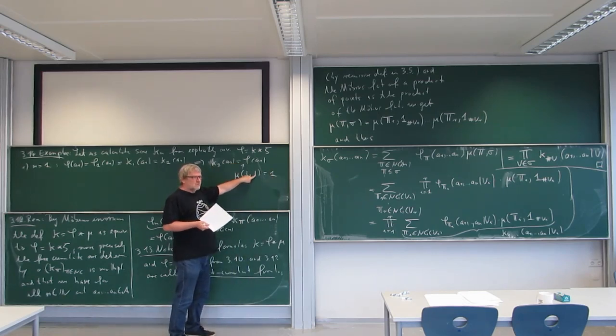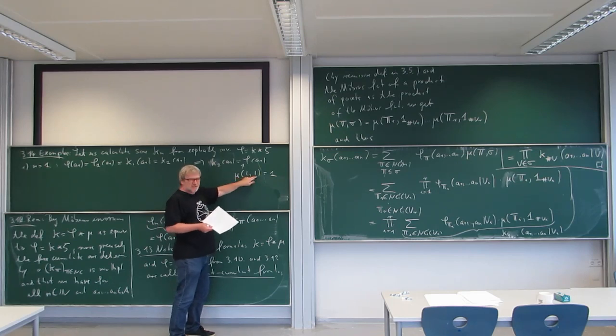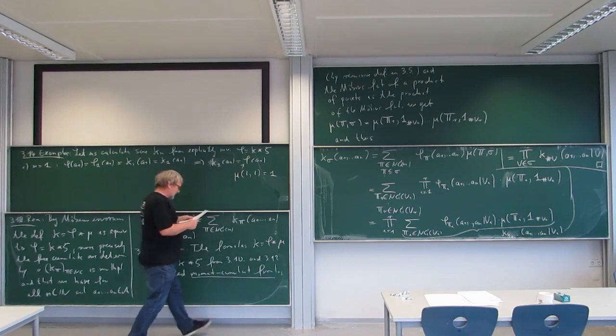NC(1) is only one element, so there's only one value of the Möbius function there, and this is of course 1. But that's what we know.